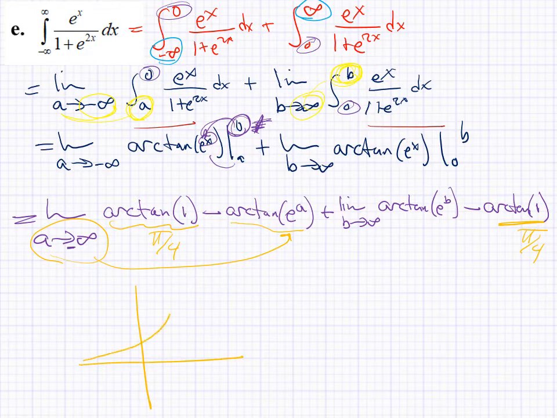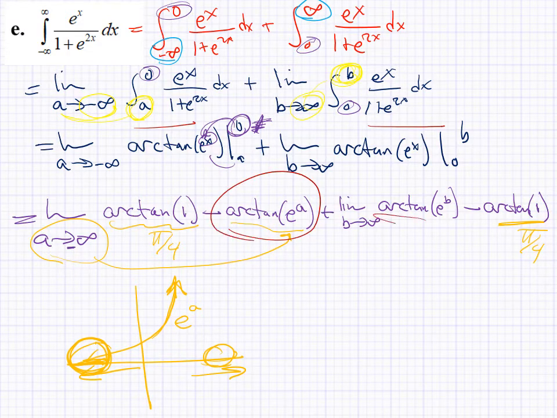This is what e to the x looks like. As we go to negative infinity, the function itself is getting closer and closer and closer to 0. As we go to positive infinity, which is down this end, the function is going to infinity. And so that's how we're going to look at doing the two limits we need to do, this one and this one.